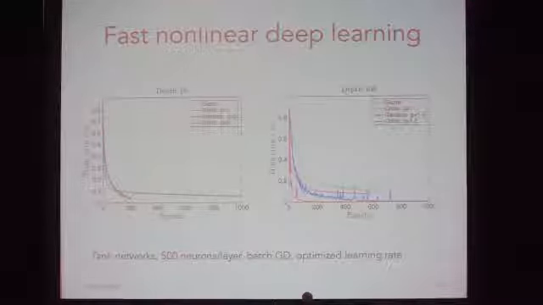So here's, for instance, tanh networks. On the left, you can see the red curve is the scaled orthogonal initialization, and it hits zero training error around epoch 200. And on the right is a depth 100 network. It's quite deep, but it still is hitting zero training error on that same epoch 200.